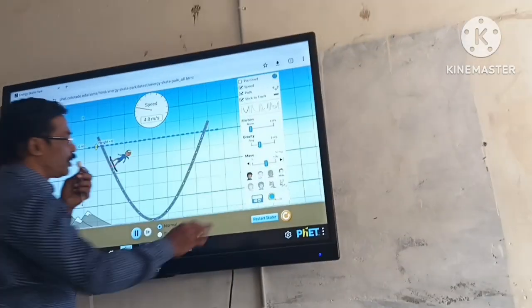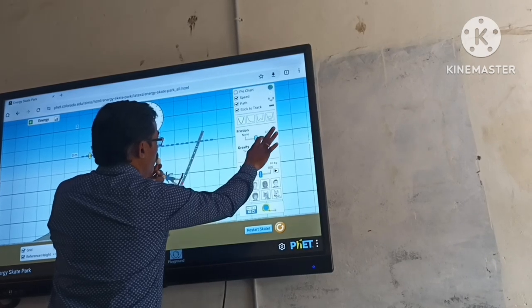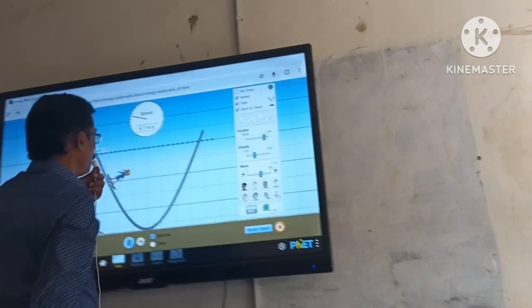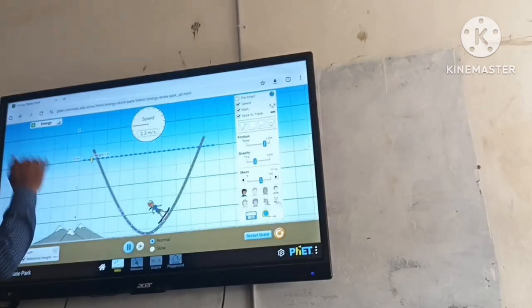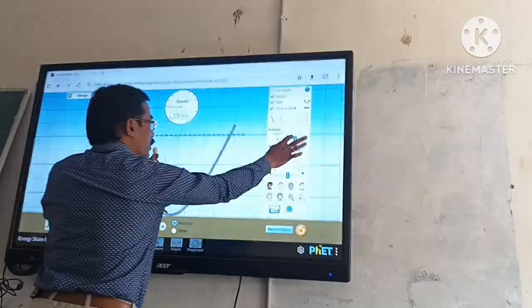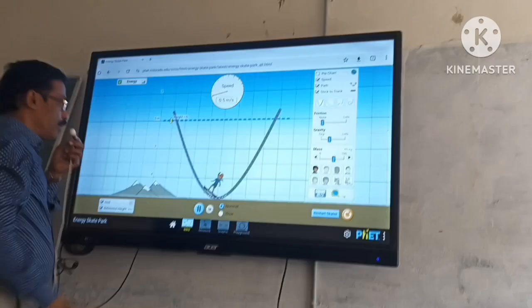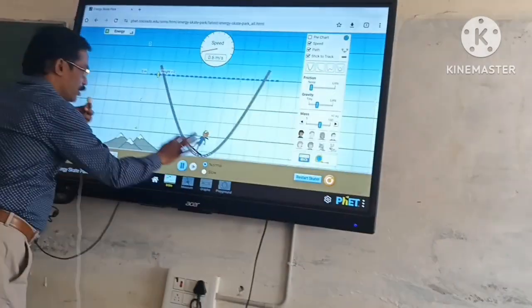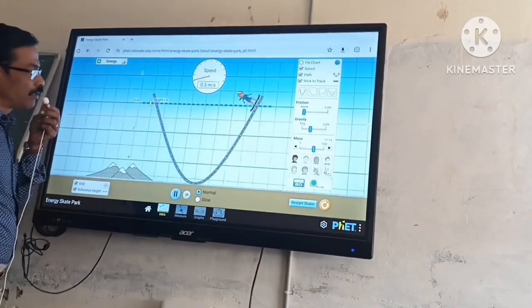And now you can show some friction. If the friction is more, then the movement of the skater will be slower. See, if I reduce the friction, the movement will be very fast, like this.